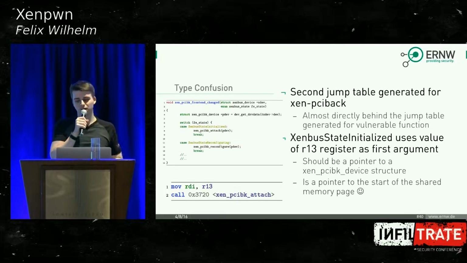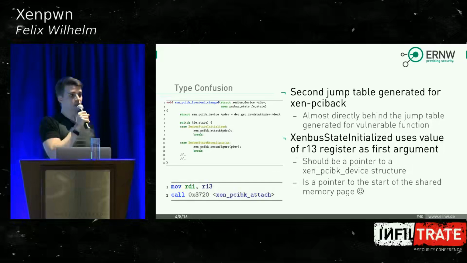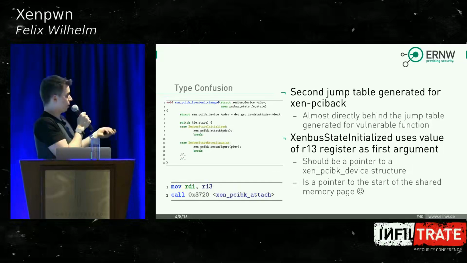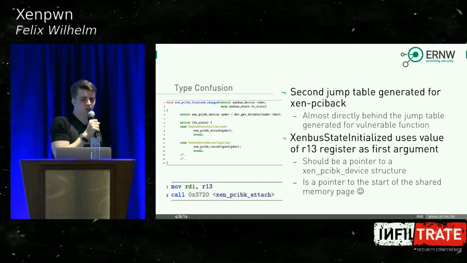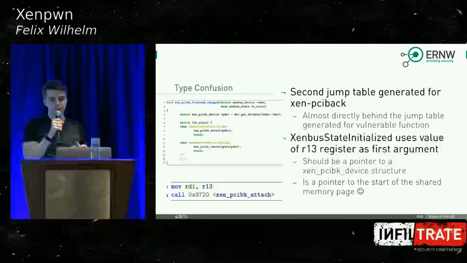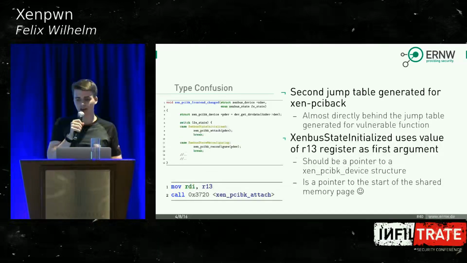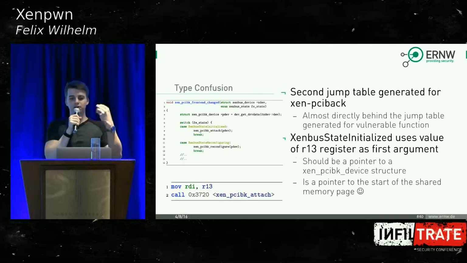That's the reason why I can simply put 25 into this and jump into this jump table. And if you look at the send bus state initialized case, this uses the value of the R13 register as the first argument.